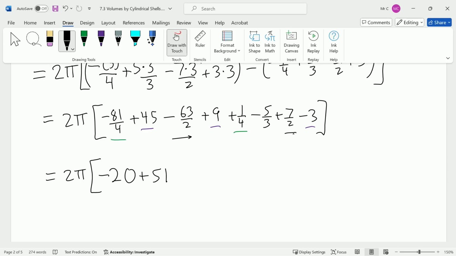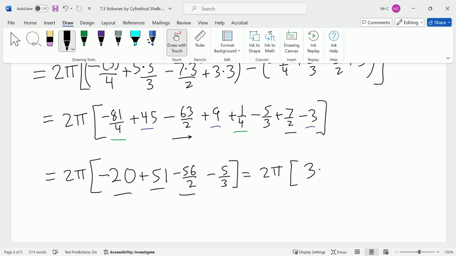So that's negative 56 halves. And then minus 5/3. Okay, so 56 over 2, that's going to be 28. So that's minus 28. Minus 28 minus 20, that's minus 48 plus 51, that's 3.